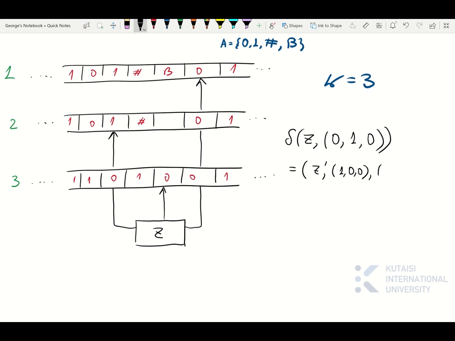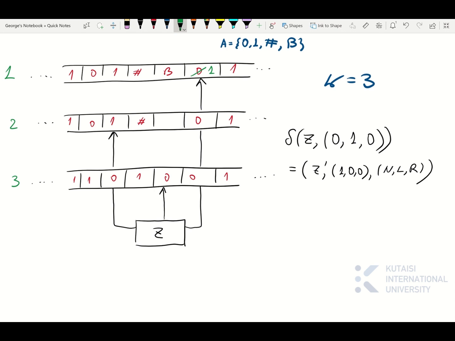For example, let's make it neutral, left, and right. This means on tape 1, it will erase 0, write 1, and stay in the same place.